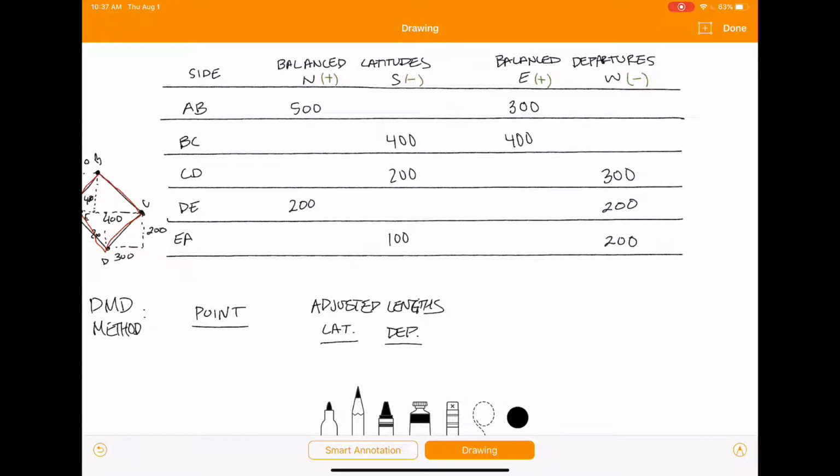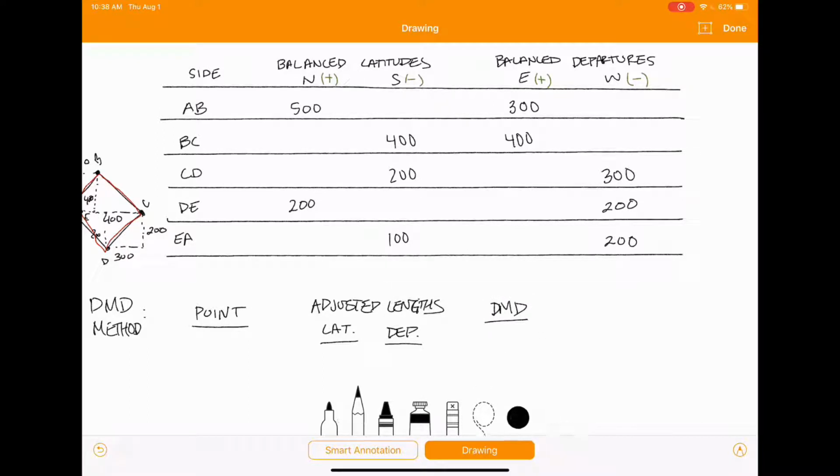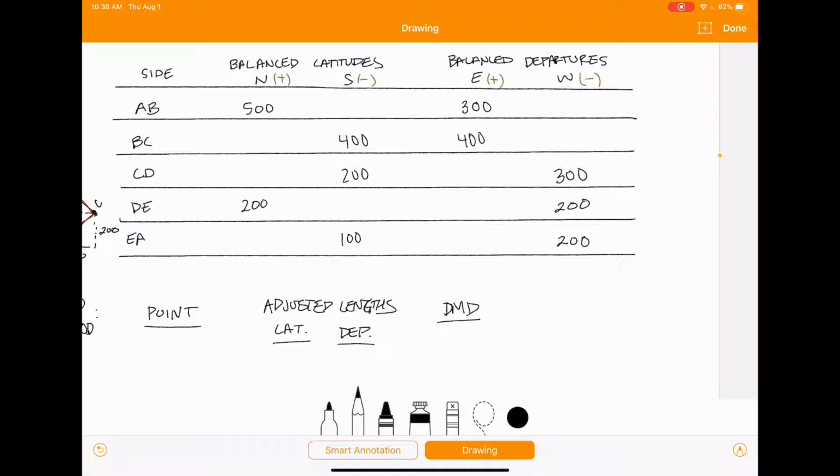And then you're going to have your DMD. And then you're going to have your double area, and you're going to have a positive area and a negative area.